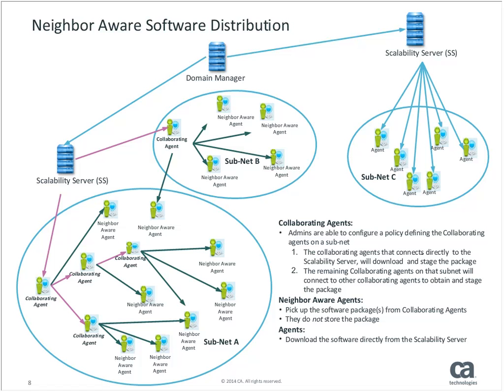So those collaborating agents are the agents that will connect to the scalability server, download whatever software delivery packages are there, and then any of your neighbor-aware agents, any of the non-collaborating agents on that subnet, will then connect to a collaborating agent to get that software delivery package, eliminating the need to go back up to the scalability server over the network to get those packages.